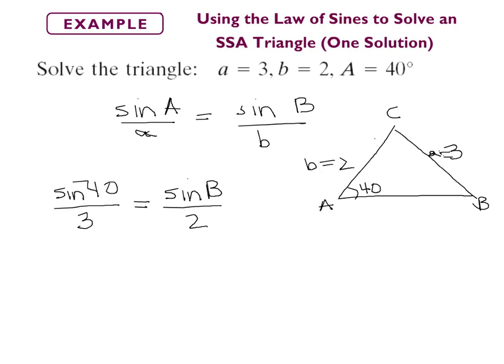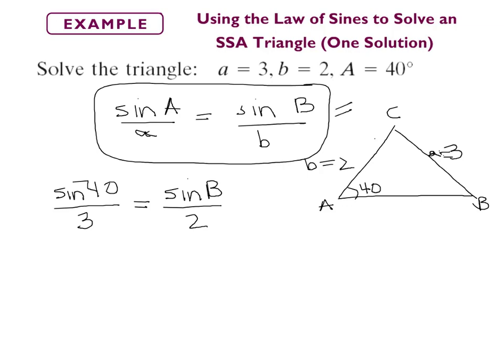You don't have to look up the law of sines. I'm right here. There's no need for notes. The law of sines says sine of A over A equals sine of B over B equals sine of C over C. That's all the law of sines says.